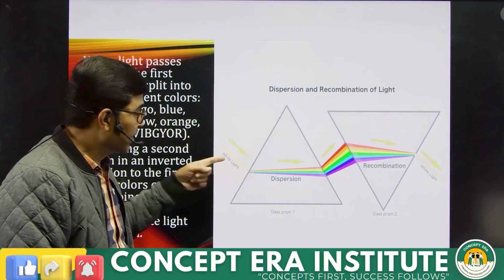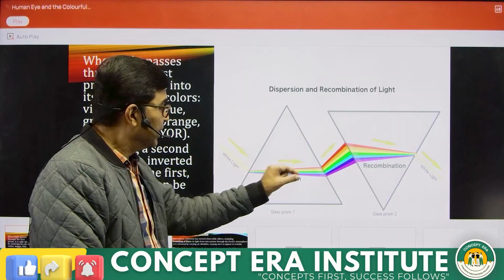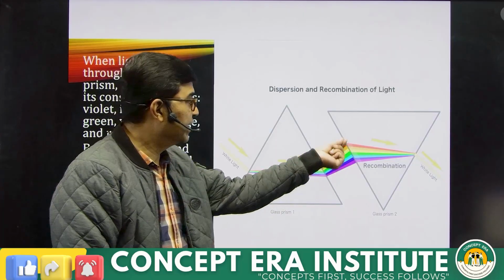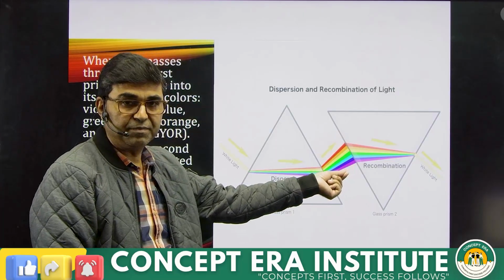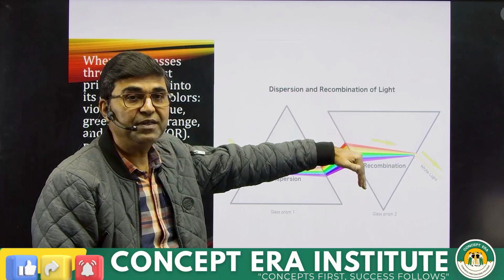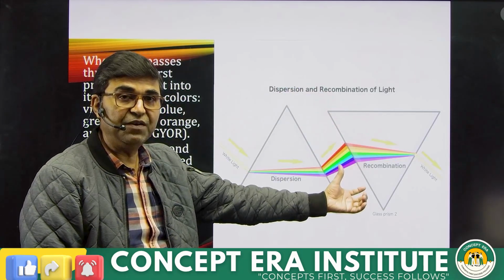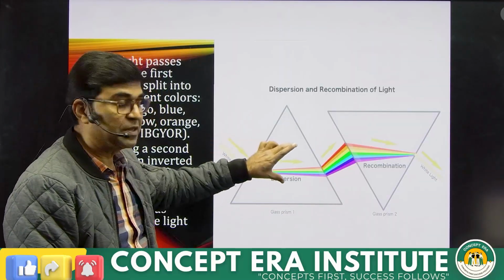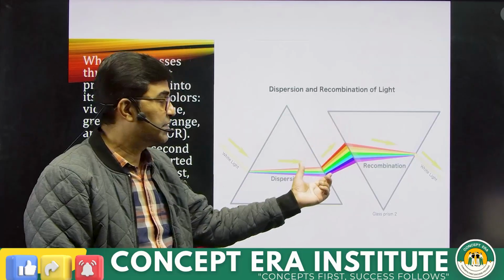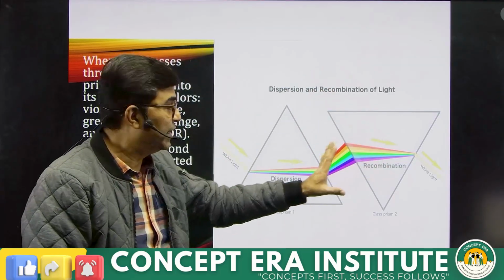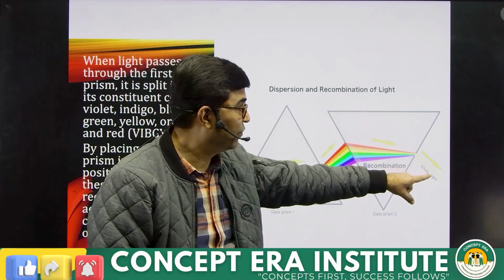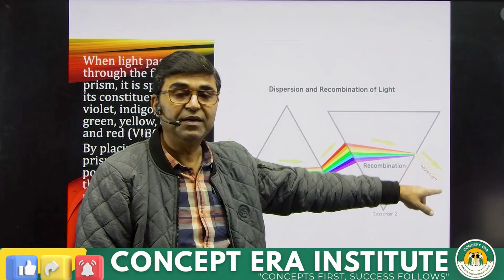White light passes through a prism, separates into its constituent colors, and they are forming a spectrum here. But if another prism is placed in front of it, in inverted position, that means the first prism is splitting the white light into its constituent colors, and the second inverted prism is now recombining those split colors, and the white light is emerging from the other end.